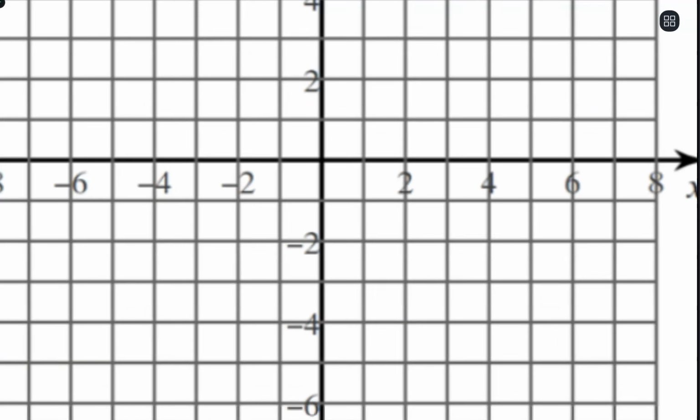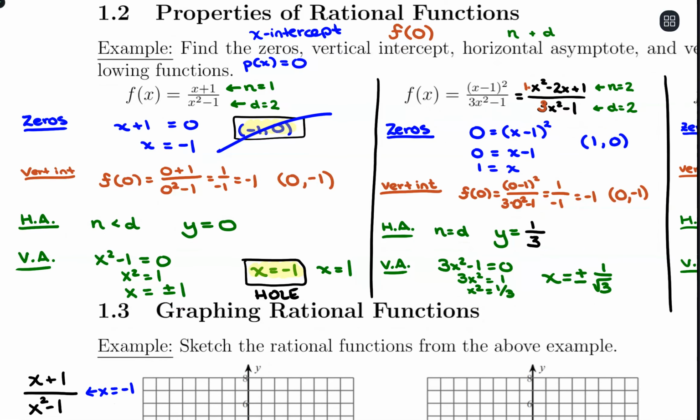So what I'm going to do is go to that coordinate, negative 1, negative 1/2, and I'm going to draw an open circle. And then because that was the only zero that we had solved for, that means our function actually has no zeros. We are not crossing the x-axis at all, which makes sense in regards to our horizontal asymptote being at y equals 0. So we're not crossing there.